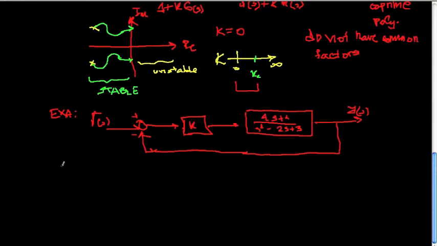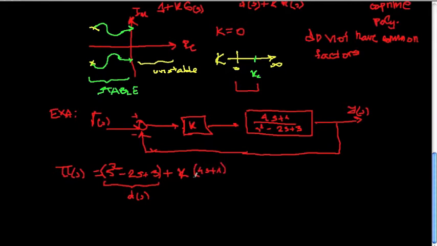Okay, so the characteristic equation P of s in this case is going to be s squared minus 2s plus 3, put this in brackets, this is our d of s, you're recognizing this, plus k multiplies 4s plus 1, this is our n of s.